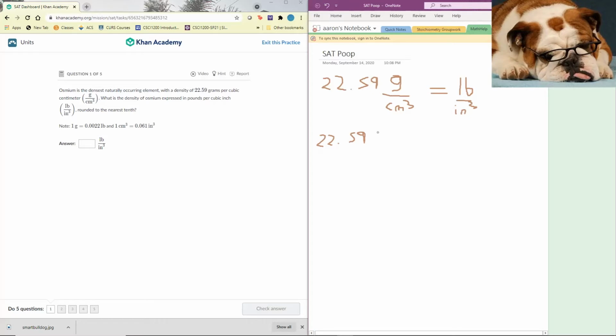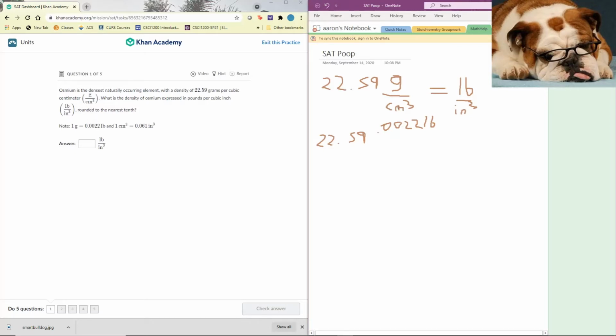So instead of writing this gram, let's just replace that with 0.0022 lb.